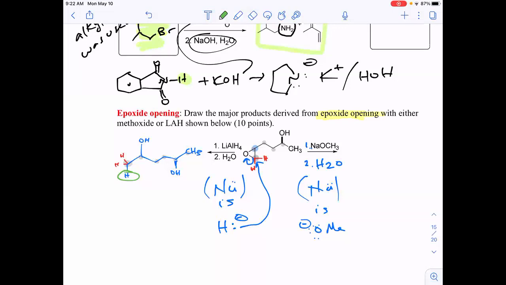So it'll just have the OMe at the end. Yes, it'll have the methoxy group where we put that hydride. So I'll just redraw it. So this will be OH and this will be methoxy. Good.